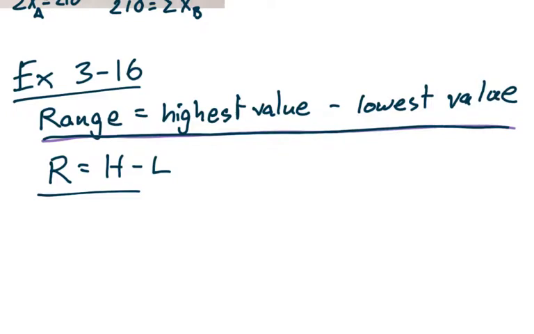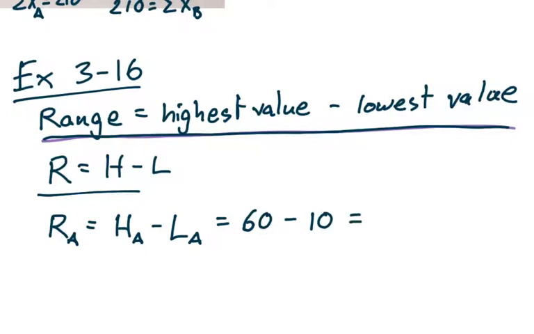So for brand A, the range is going to be the high value from data set A, or population A, minus the lowest value. And so I can glance back up and see this one was 60, right? The high value was 60 and the low value was 10.